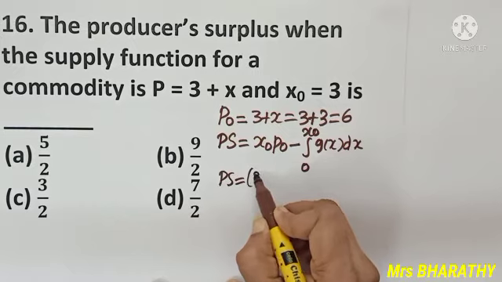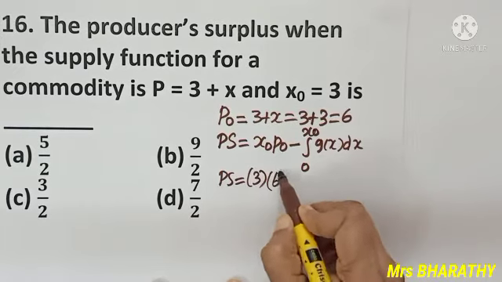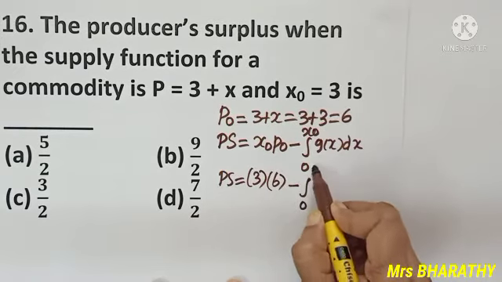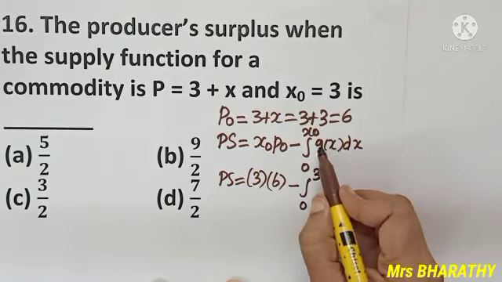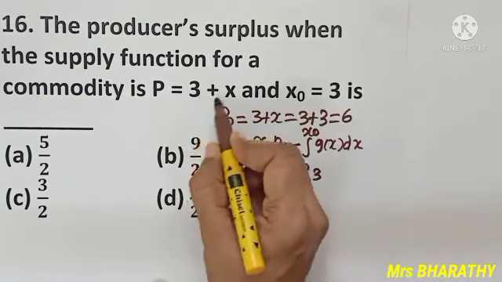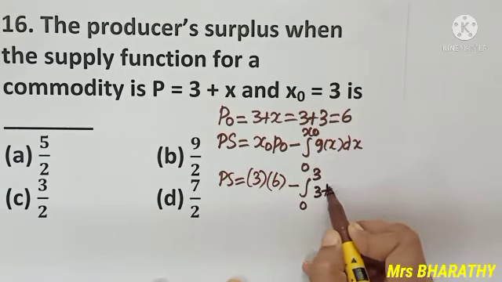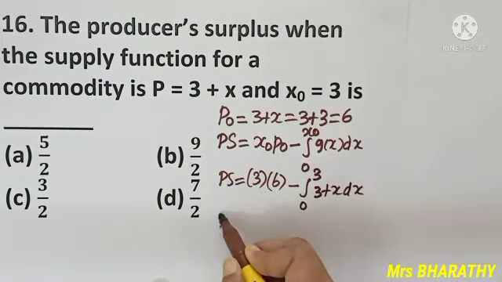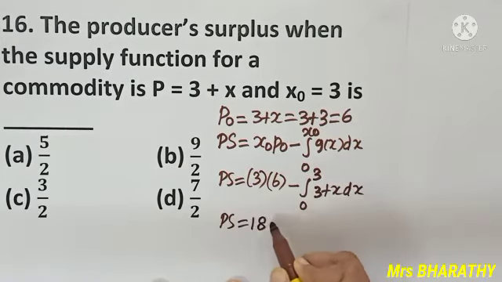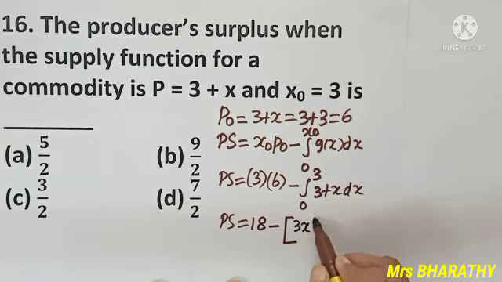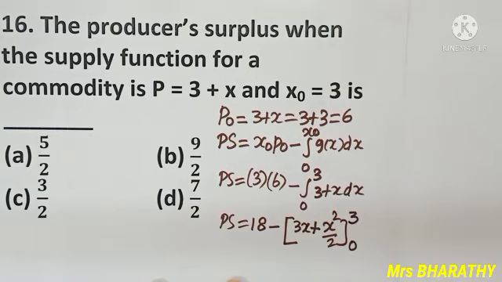That is the supply function. Here x naught is 3, P naught is 6 minus integral 0 to 3. What is g of x? The supply function, that is 3 plus x dx. So we simplify. 18 minus 3 will become 3x plus x will become x square by 2 between the limits 0 and 3.